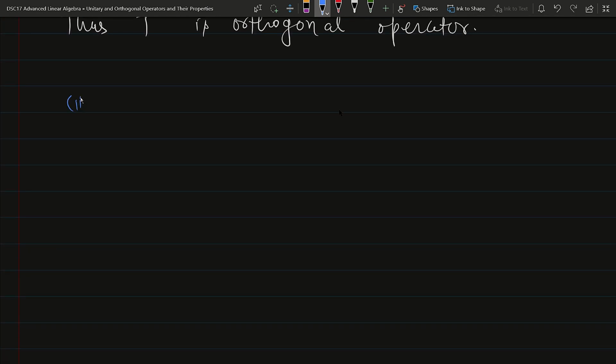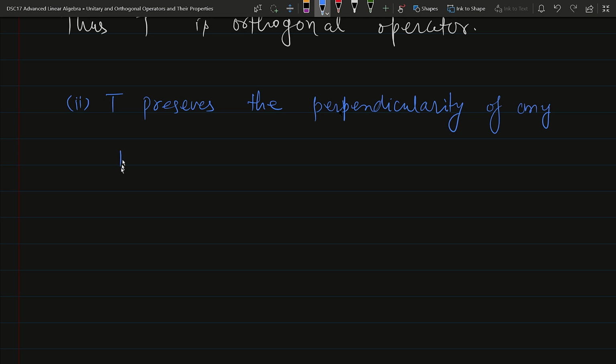Now come to the second part. It says T preserves the perpendicularity of any two vectors in R square. ठीक है. ये सभी हम ज्योमेट्रिकल देख ही सकते हैं. कैसे?